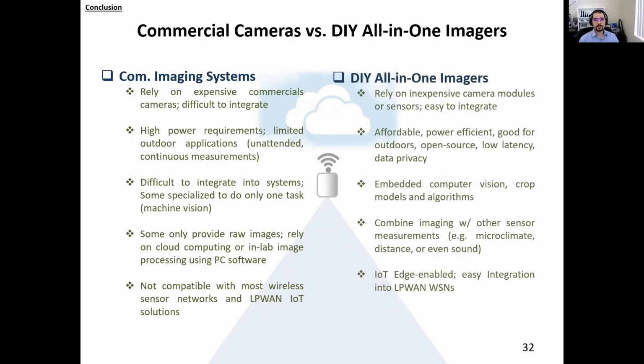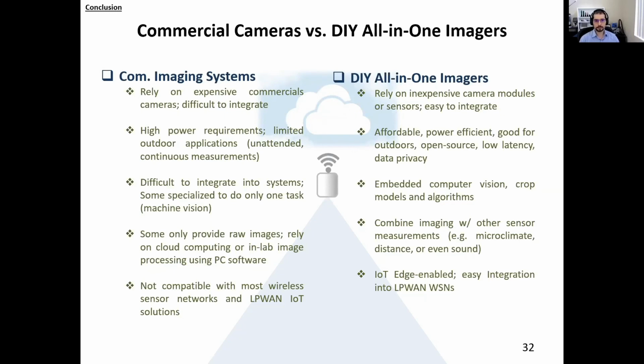And on the other hand, we have DIY all-in-one imagers. These are the benefits that you get from developing your own system. They rely on inexpensive camera modules or sensors, which is great. They're easy to integrate. If you are a developer, if you learn programming, if you learn how to use them, then you can do a lot with them.